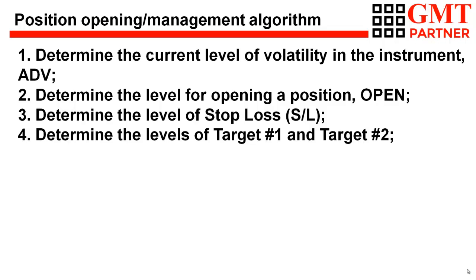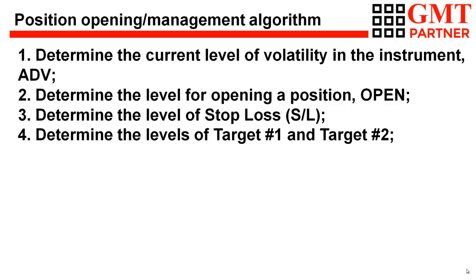Before opening a position, it is also necessary to determine the levels of target number 1 and target number 2. Target number 1 for a long position will be located at a distance of 100% of ADV above the position entry level. Accordingly, target number 1 for a short position will be located at a distance of 100% of ADV below the position entry level.